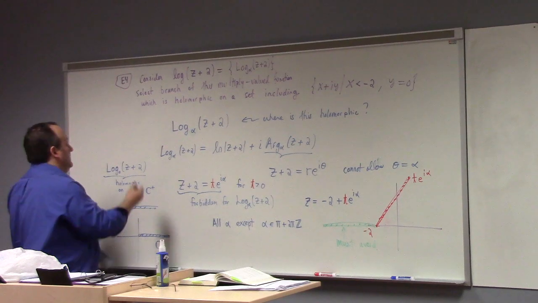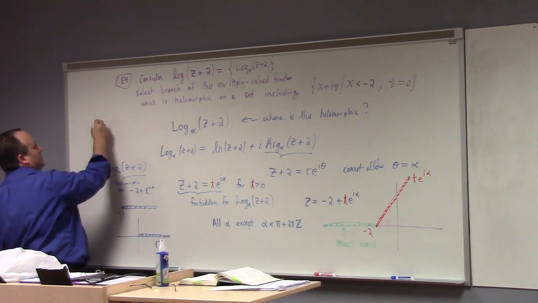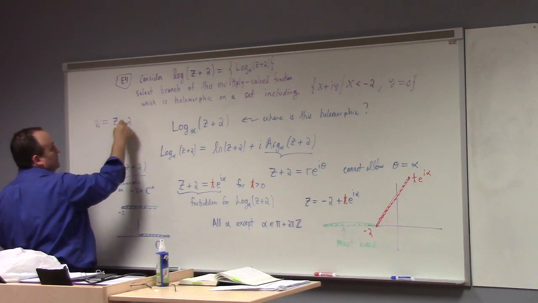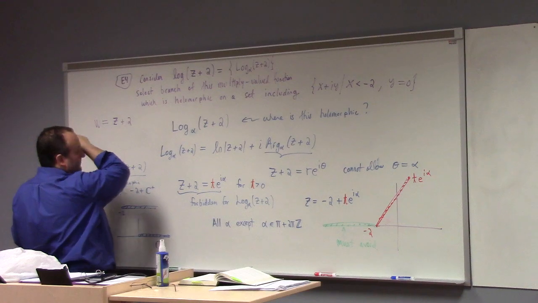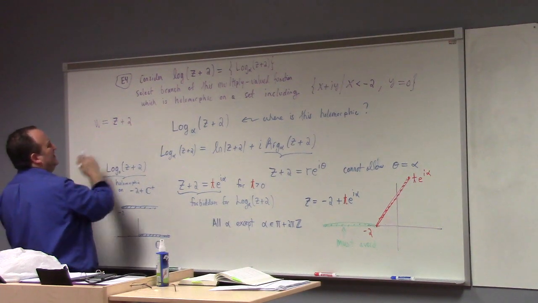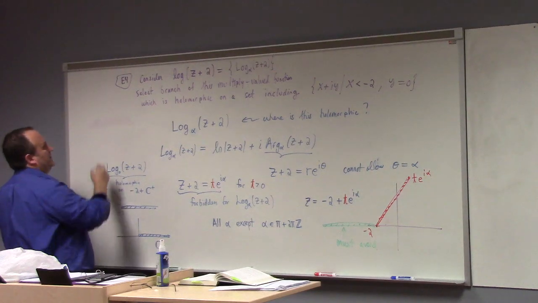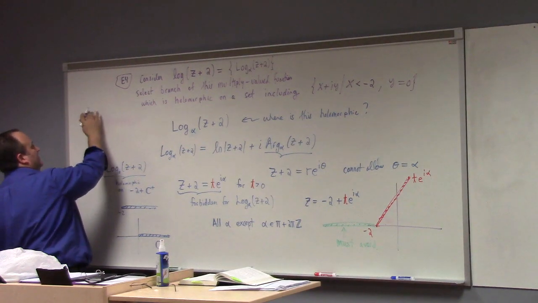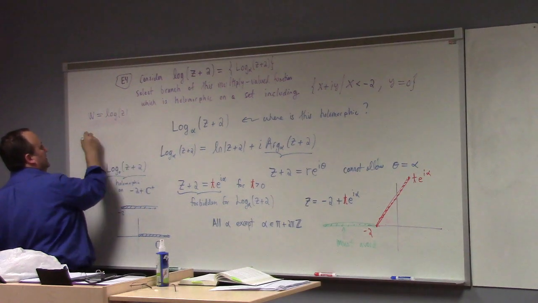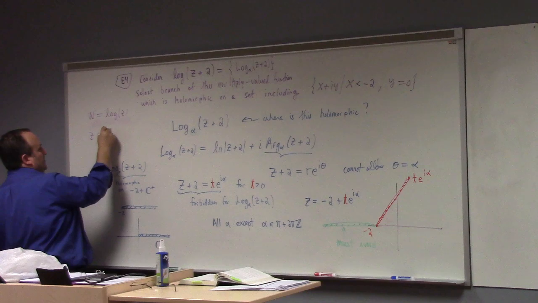This much I can say, here's probably a better way to describe it. If I put w equal to z plus 2, oh, I'm sorry, just a second here, I'll get through it eventually. So if I have w equals log z, that means that z is equal to e to the w.